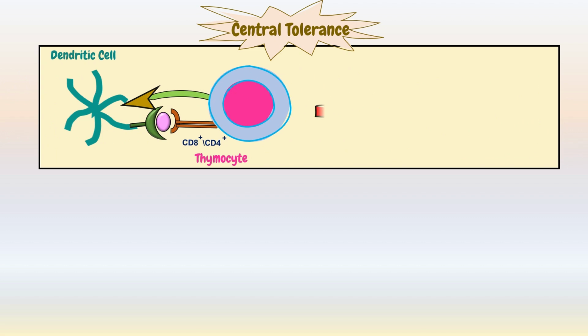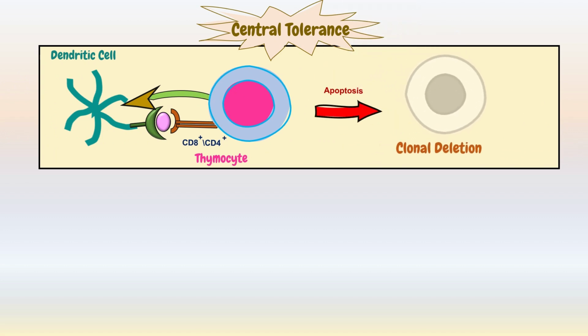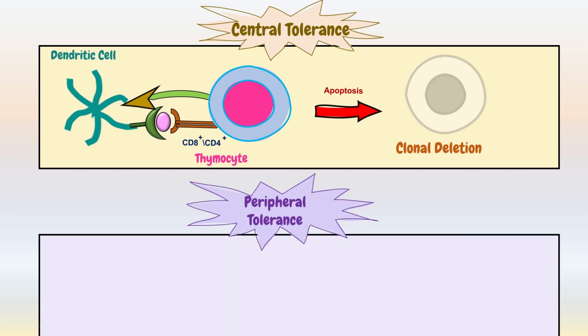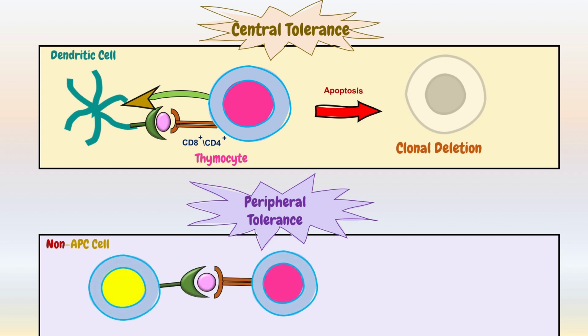In the thymus, presentation of self-antigens by thymic epithelial or dendritic cells to thymocytes can lead to clonal deletion of antigen-specific T cells, called central tolerance by clonal deletion. In peripheral tolerance, recognition of self-antigens by antigen-specific T cells that may have survived thymic selection leads to abortive activation, apoptosis, or clonal anergy because of a lack of co-stimulatory molecules.